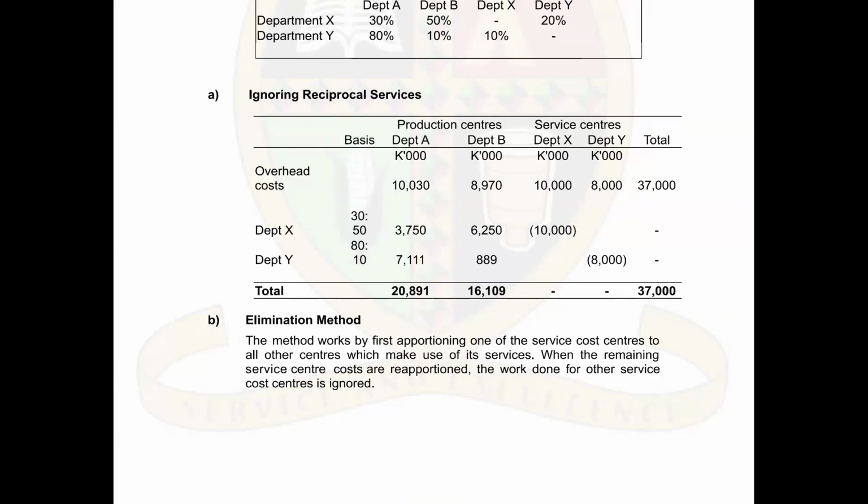Can I ask something, sir? Go ahead. I've noticed that on top there on the overhead cost, if you add for Department A, B, X, and Y, the total is going to 37,000. So after you are done with the reapportionment, is it always the case that it should add up to the same 38,000?